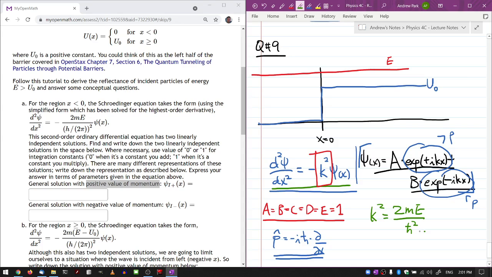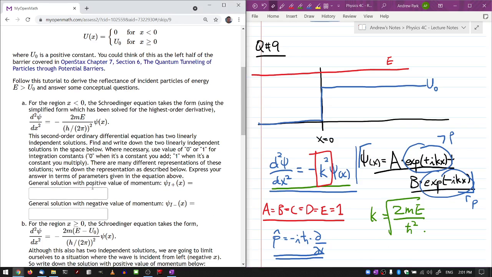So you take the square root to get k equal to the square root of 2mE over h bar squared. So with that, I think I have enough information to write in the general solution with the positive value of momentum.